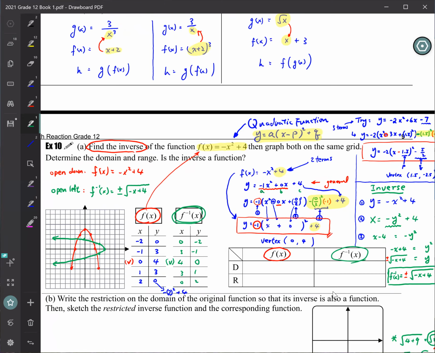As usual, for the inverse, if you get the domain and range for the original, you could use it to get the domain and range of the inverse. Now flip it around.